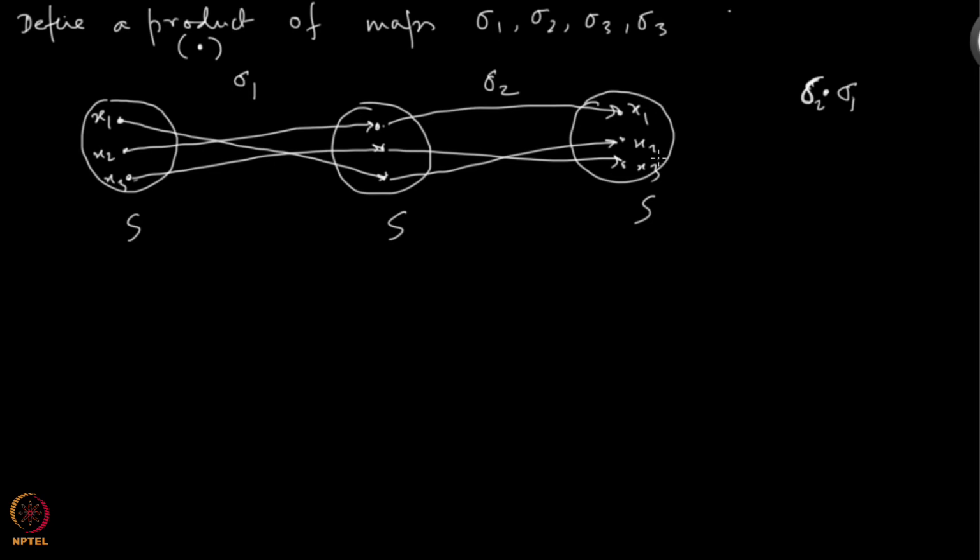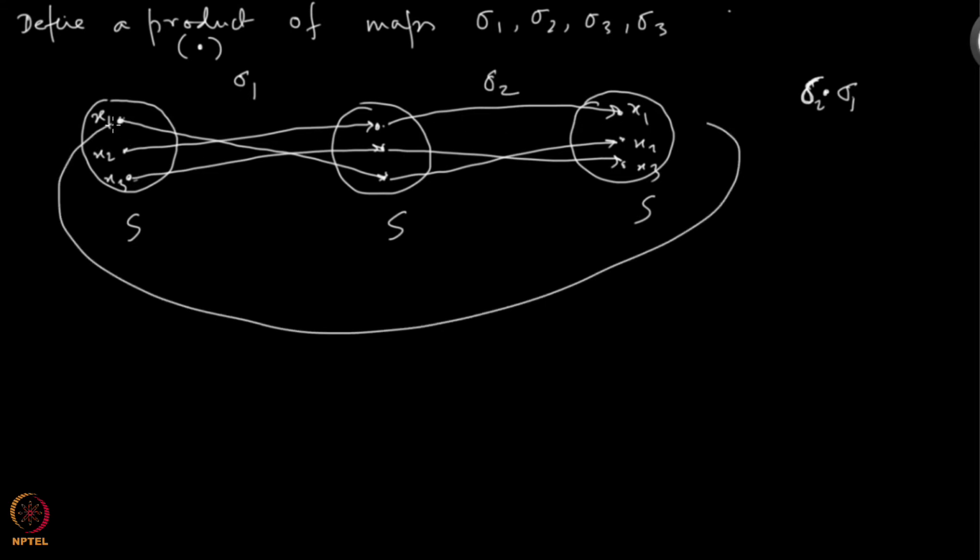So, you see this map which we are seeing, starting from x1 and going to x2. Look at this map: x1 going to x2, then x2 going to x1, and then x3 going to x3.